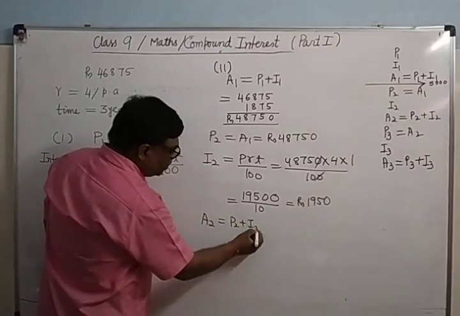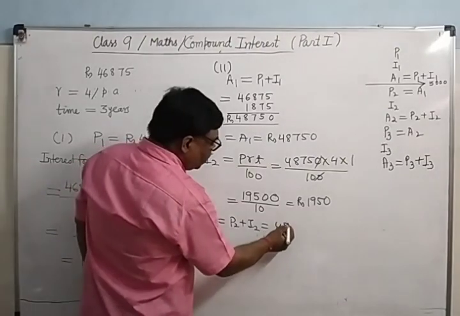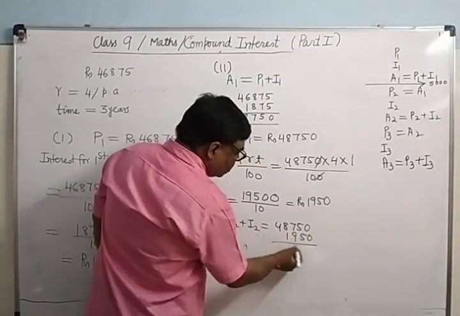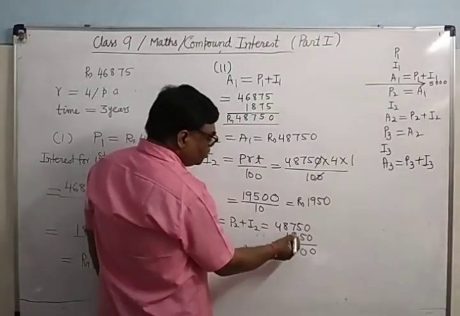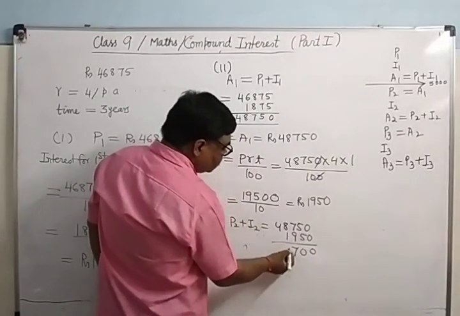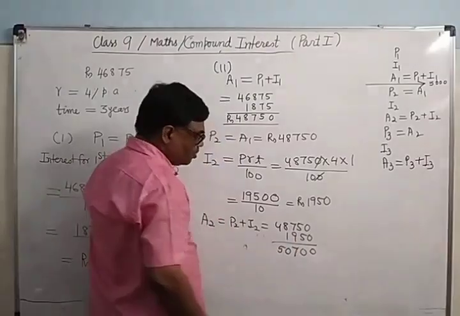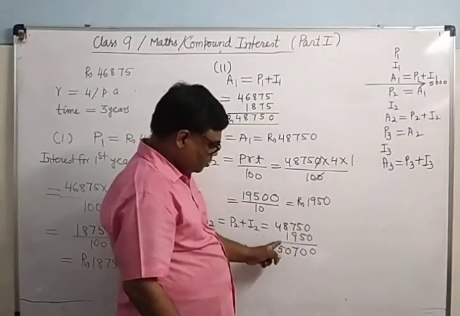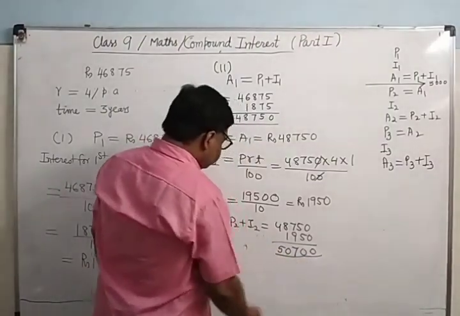A2 is P2 plus I2. P2 is 48750 and I2 is 1950. So this is the A2.